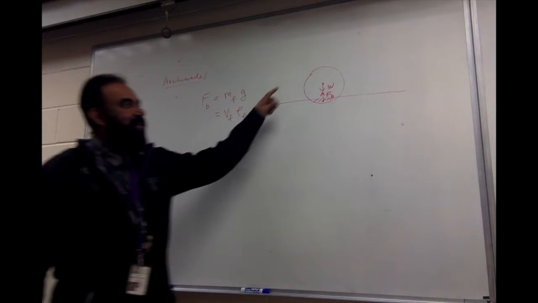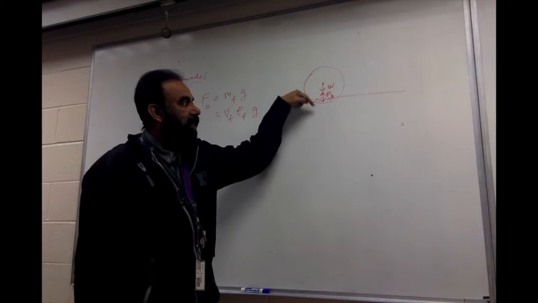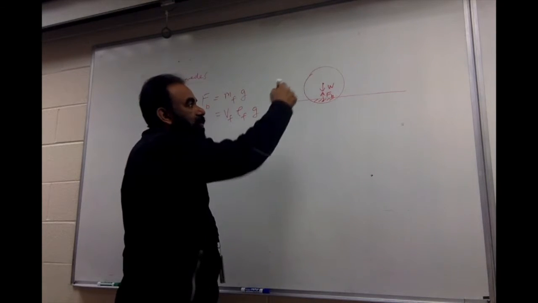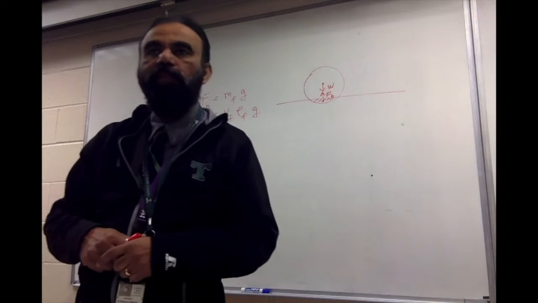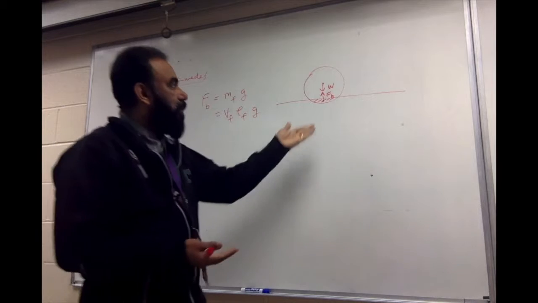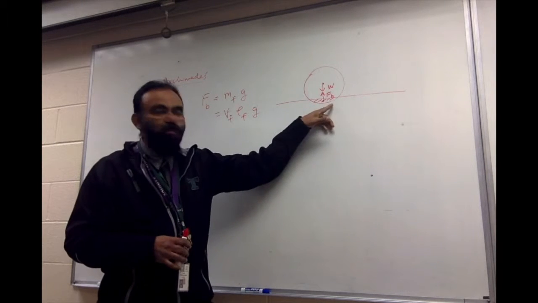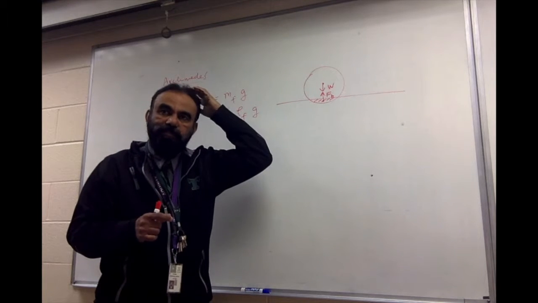It is not sinking any further, nor rising. So the weight of the entire ball is equal to the buoyant force, which is the weight of this much water displaced.